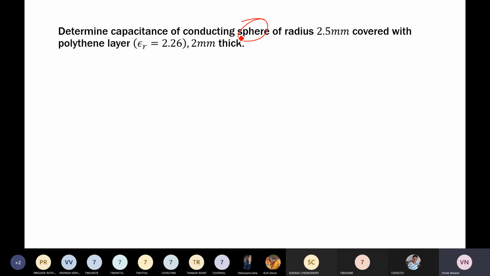So it is a spherical capacitor, we need to find the capacitance, and we are given the radius a, epsilon r and the thickness of the dielectric material. So capacitance C1 due to epsilon r. What we need to find is the capacitance of the conducting sphere.